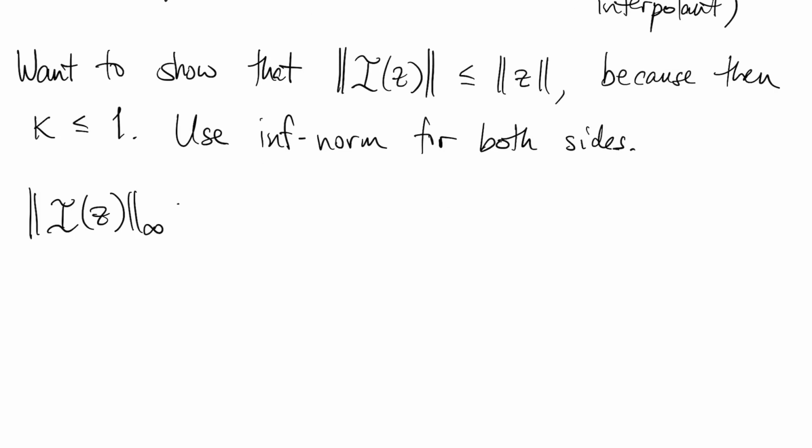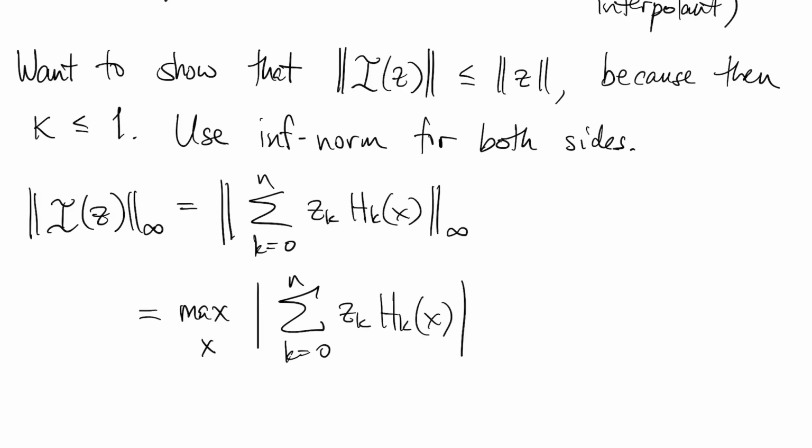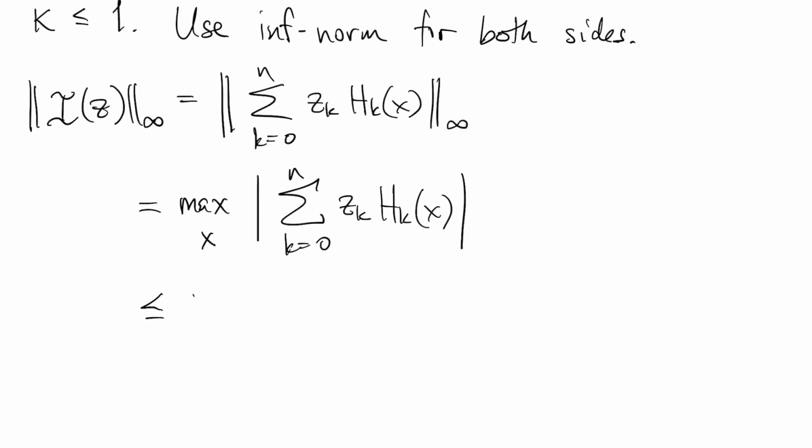So the infinity norm of I of z, by definition, is the maximum of its absolute value. We can easily bound this from above using the triangle inequality.